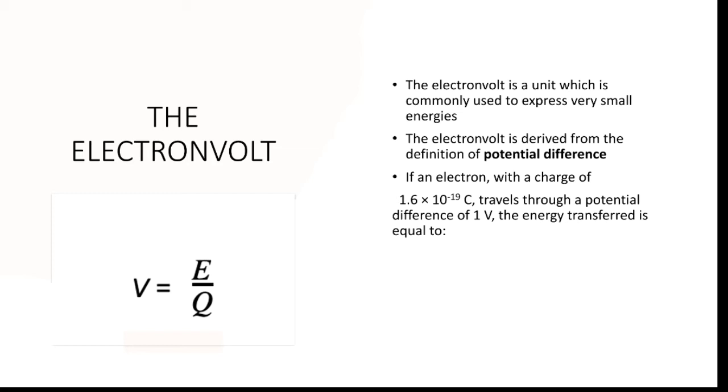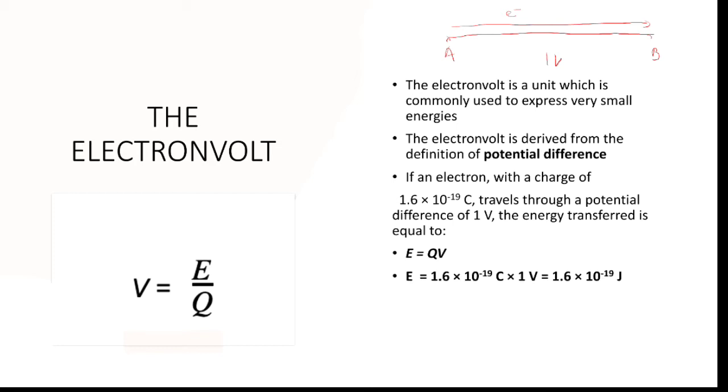So when that electron travels through a potential difference of 1 volt, when we say potential difference, it means you have 2 points in a circuit, A and B, and the potential difference between these 2 points is 1 volt. We just rearrange this formula to give you this: QV, the charge times the potential difference.